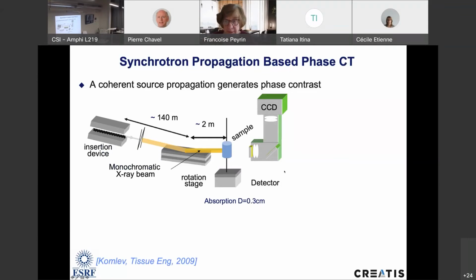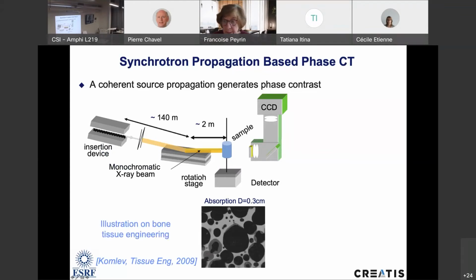Here it is the same system that I showed before for the absorption system, and what I show you here is the standard absorption image on a bone scaffold. This is the standard absorption image that is done when the detector is placed just after the object.